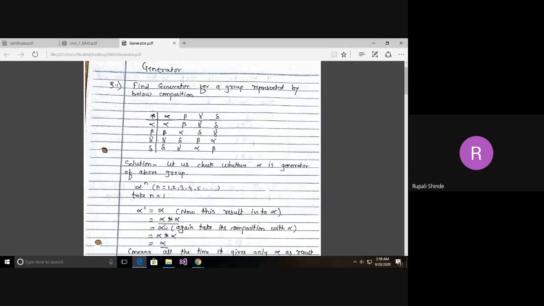Again this result we got, we have to take its composition with alpha, because we have to take alpha raised to n. All the time we have to take the composition of this alpha with the previous result. Here that result is alpha, so we have to take its composition with alpha. Again alpha composition alpha gives alpha only.